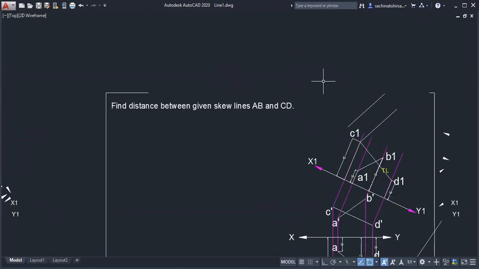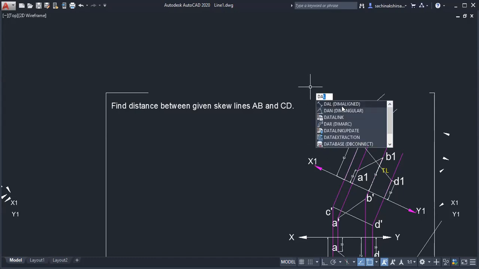I will erase this so that my construction will go here. So this will be my view.